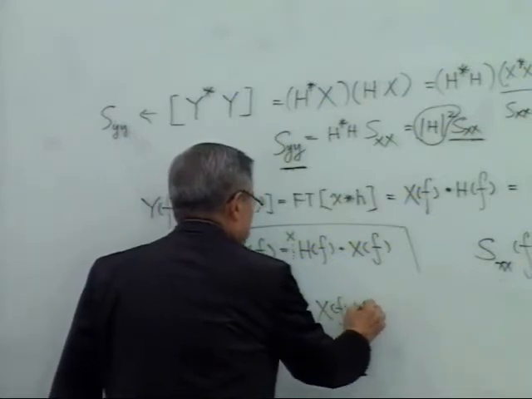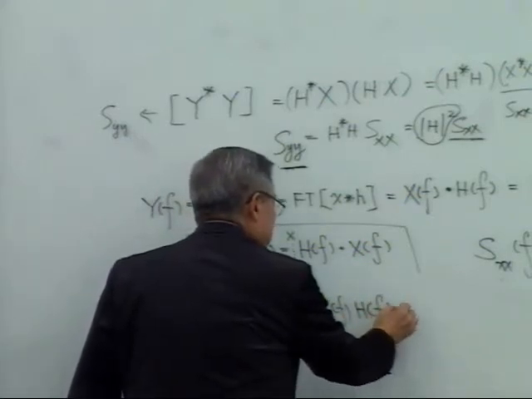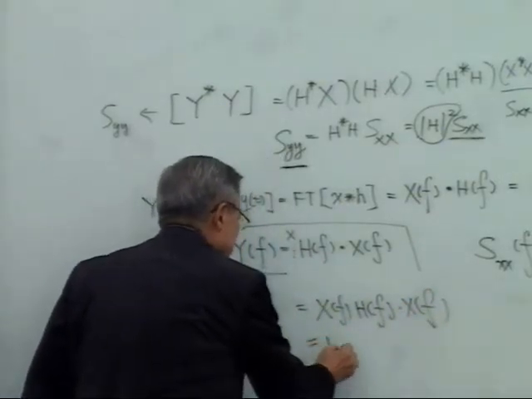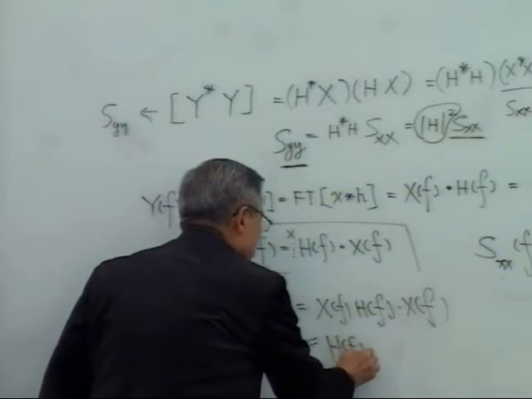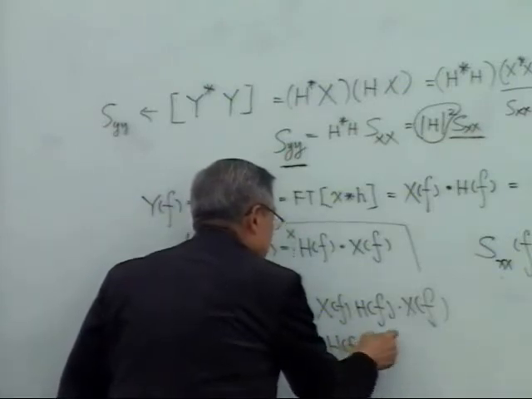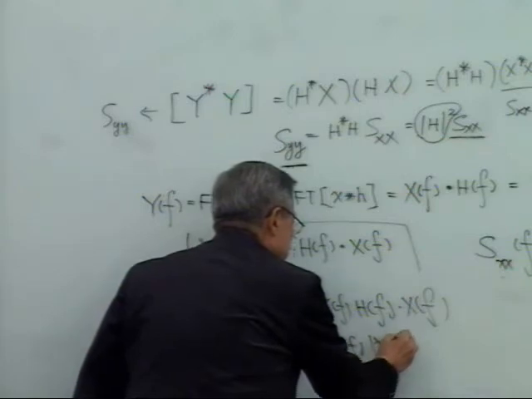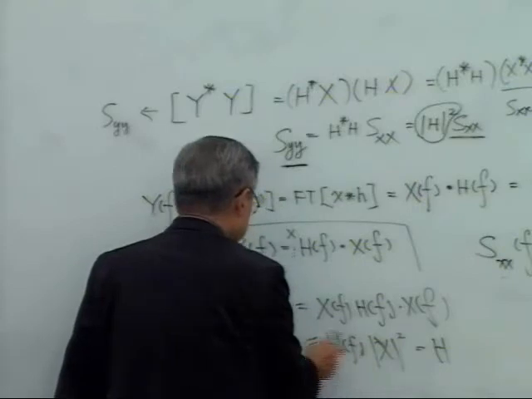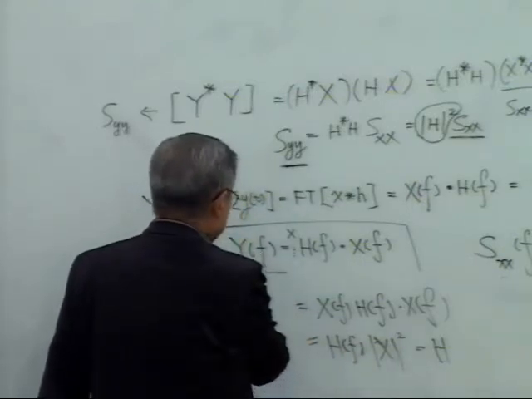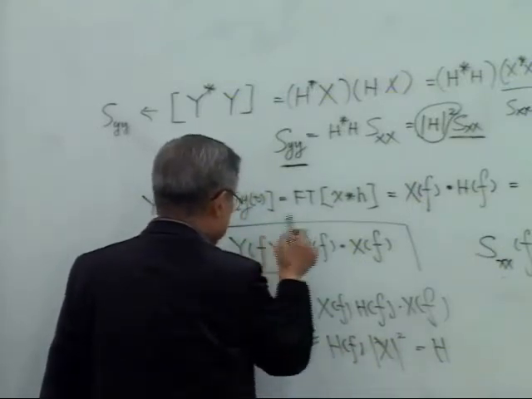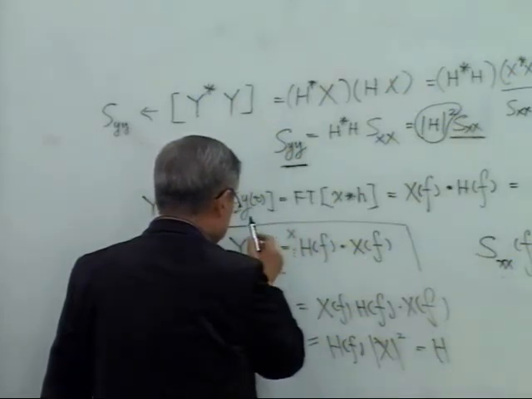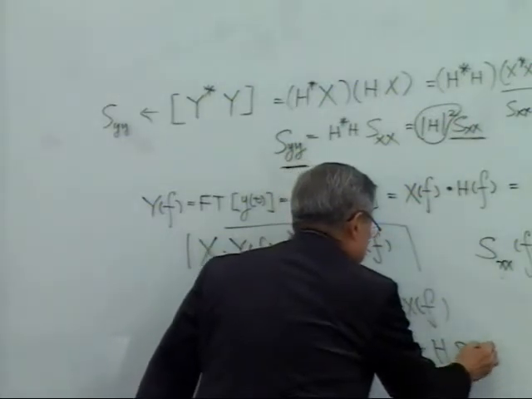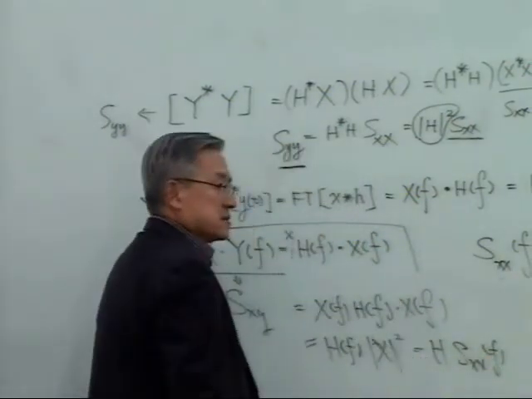And h(f) multiplies, it's all commutative. So I can say that, which is h(f) times x squared. For this one, you can take the mean, multiply by 1 over T, then take the limit, and this will become S_XX.